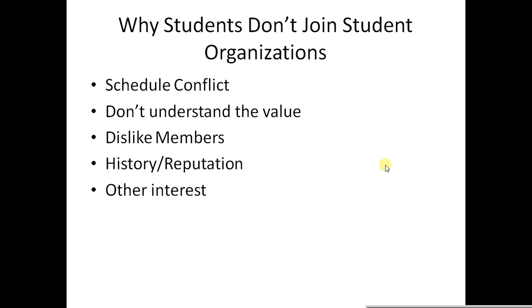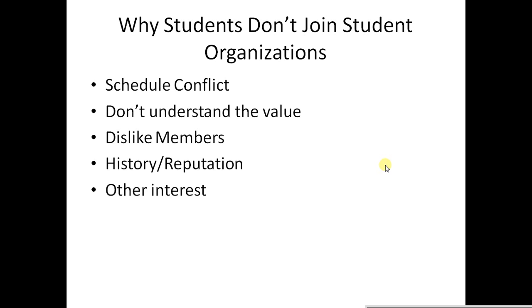And as petty as this may sound, some people don't join organizations because they dislike the members. There was one particular organization in undergrad I did not join because I didn't like some of the members. Call me petty, call me whatever, but that's important to me. I want to enjoy the company of the people within the organization that I choose to join. Some people don't join organizations because of the history or reputation.